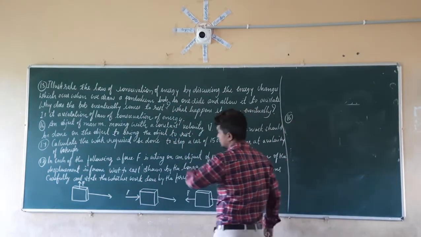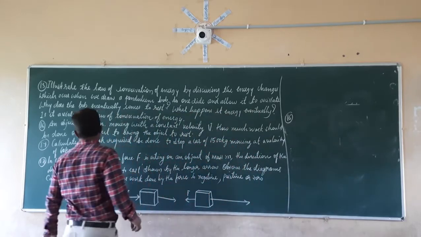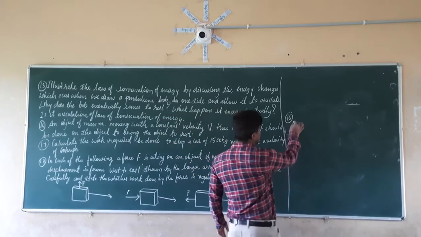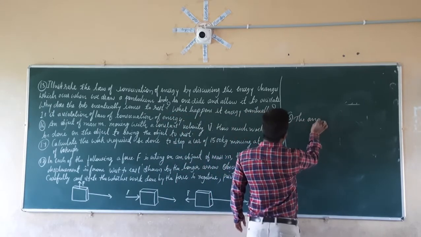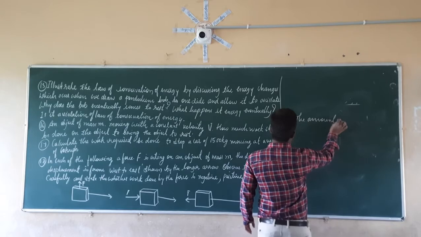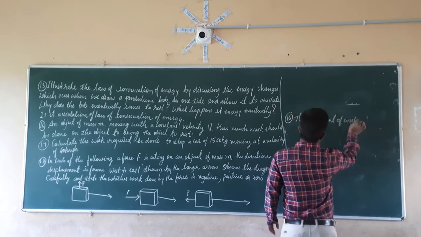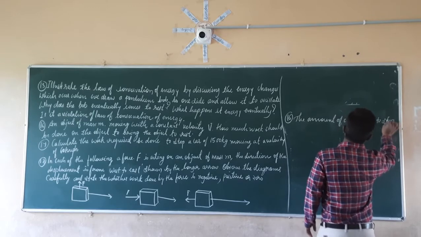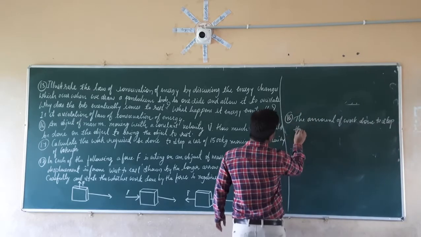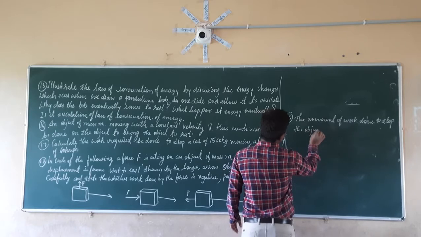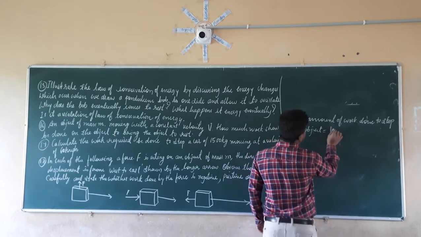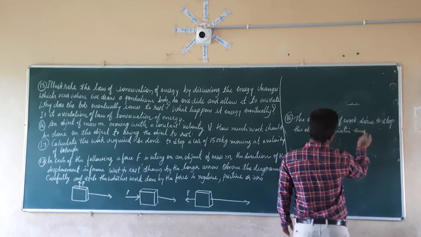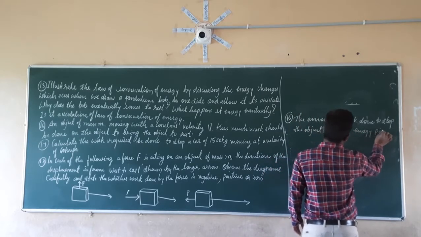So the answer for the 16th question here: the amount of work done to stop the object is equal to the kinetic energy possessed by that object.